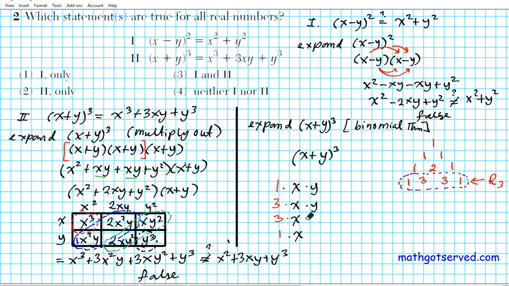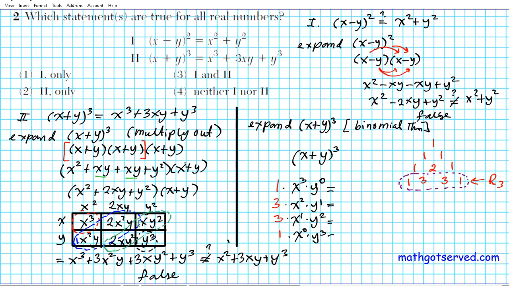This is just a different way to expand binomials. Now I'm going to put in their powers. The x is the first term, so it starts with all the power, and the power of x descends to 0. So 3, 2, 1, 0. And then the power of y ascends from 0 to 3. 0, 1, 2, 3. So just multiply these out, add them up, and that will be your final answer.